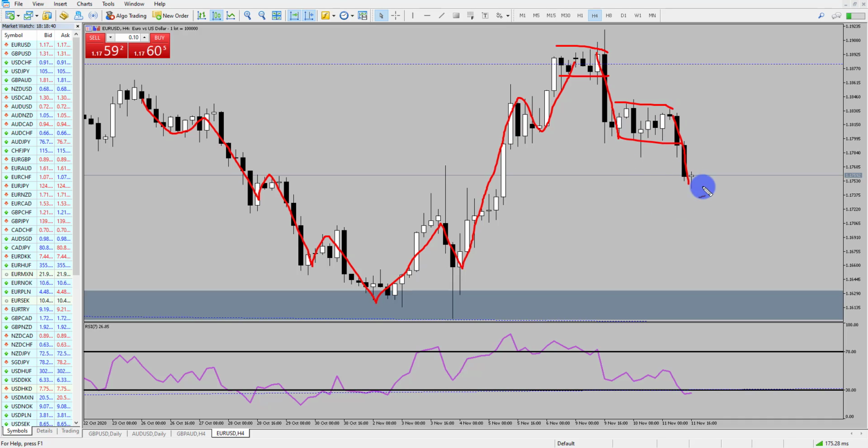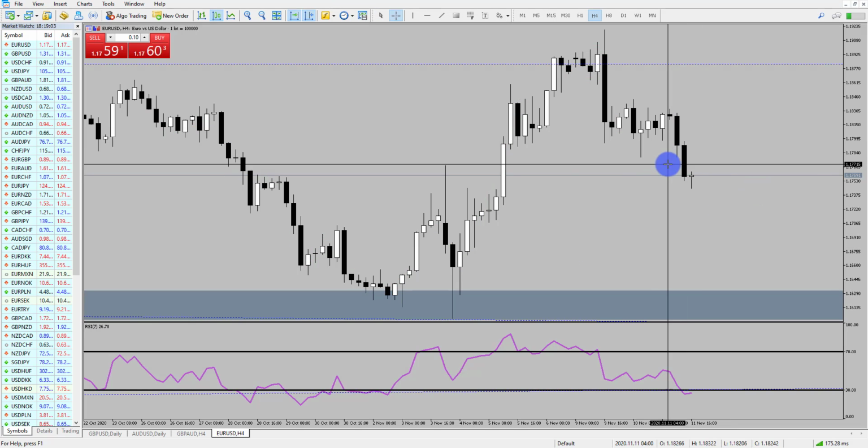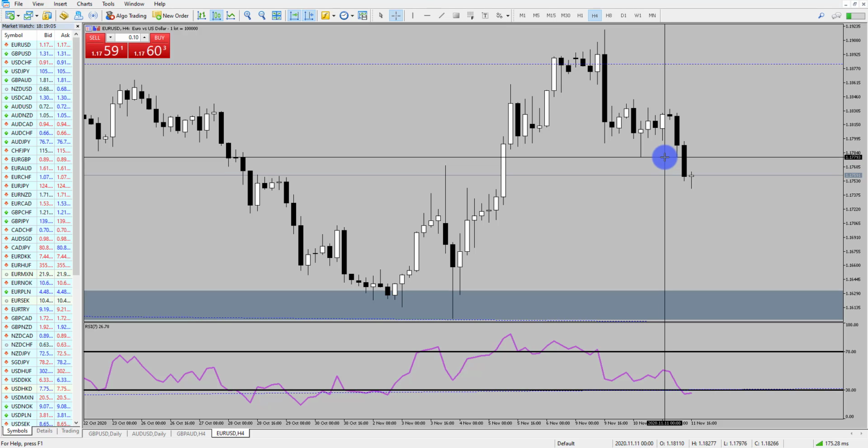So if we get two confirmed closes below this current low, which sits at 117.79, what I'll be looking for is price to pull back into this zone, continue that short move to the downside, looking for price to target this key structure through here around that 116 level.